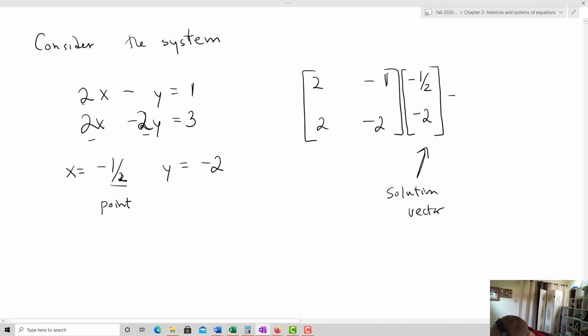That is, it's the solution to the system. And what we want to see is that it's going to end up giving me 1, 3, and that'll show me that this is in fact the solution. So 2 times negative 1/2 is going to be negative 1, plus 2, and that equals positive 1. So that's good. That's exactly what we're looking for.